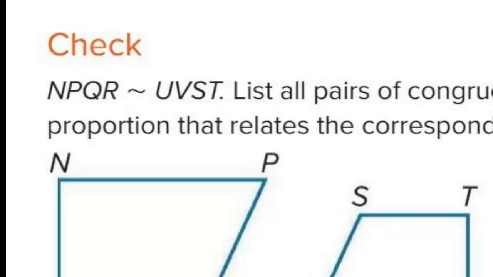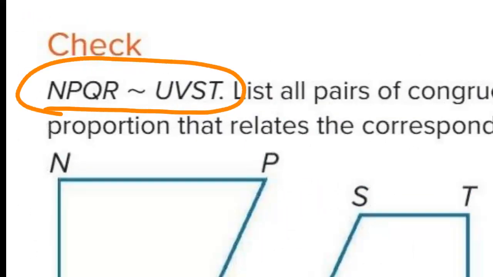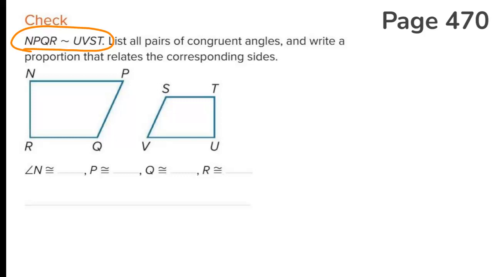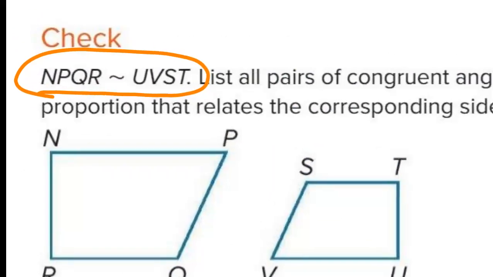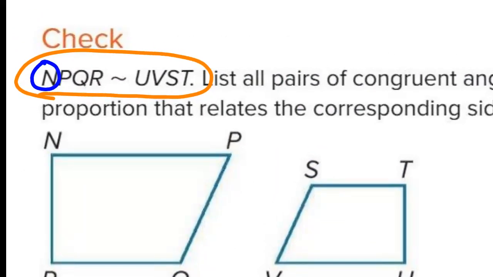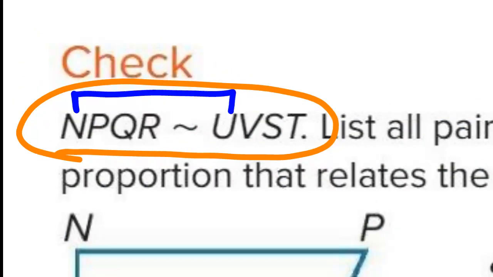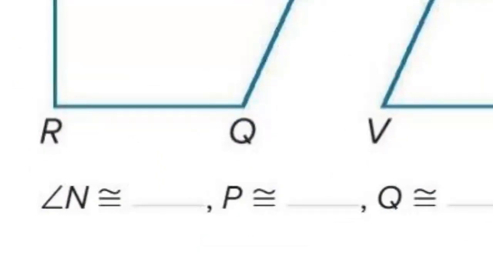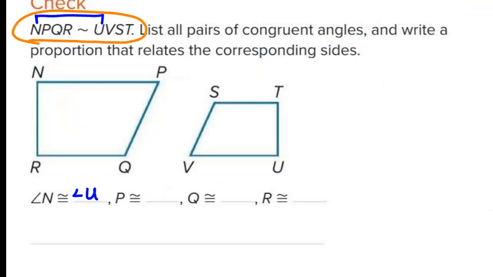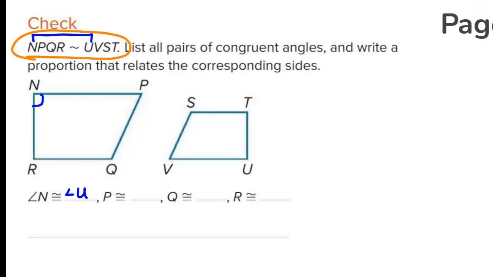It tells me right here with this similarity statement that these two trapezoids are similar to each other. According to the similarity statement, angle N is congruent to what other angle? Angle U. So angle N is congruent to angle U. What about angle P?